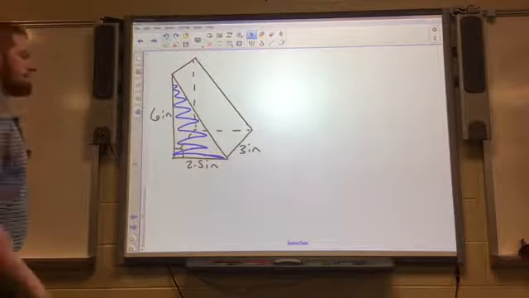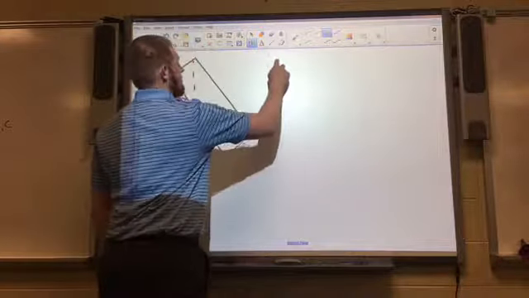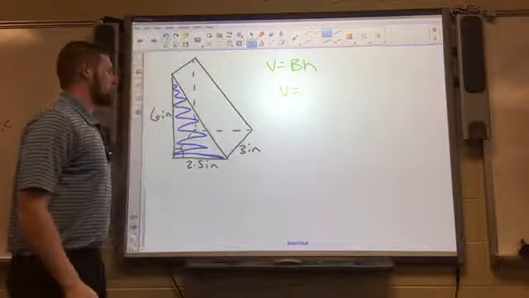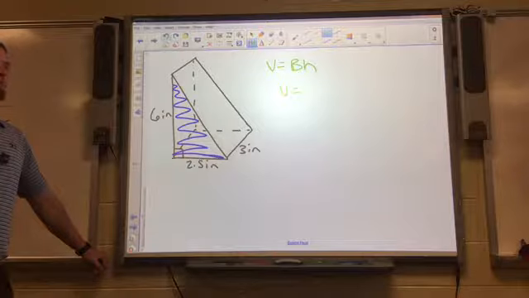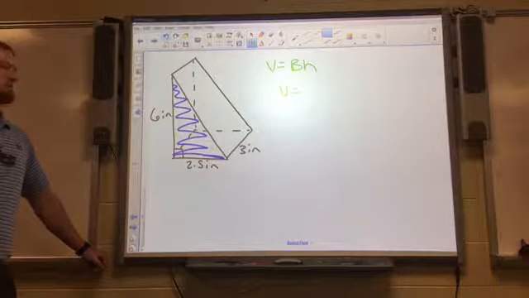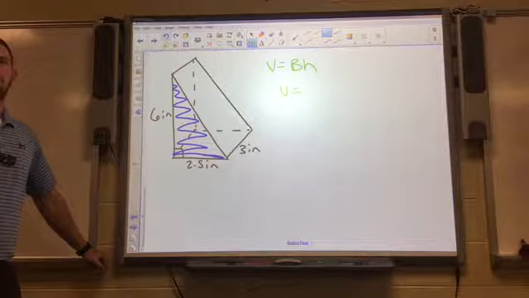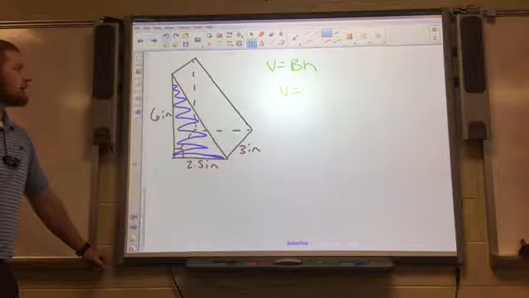So, when I find this, volume equals area of the base times the height, Vincent, how do I find the area of the base? 6 times 2.5. Good. 6 times 2.5 divided by 2. Okay.